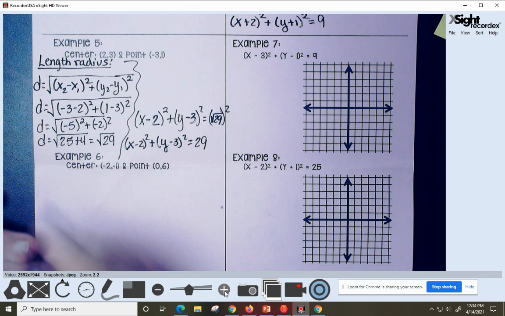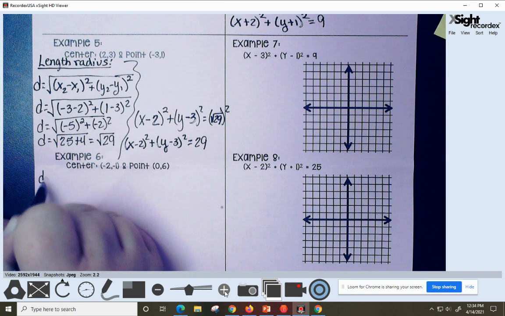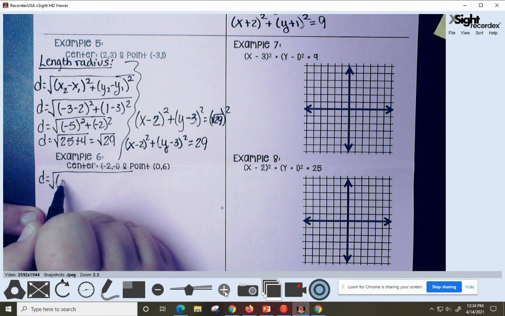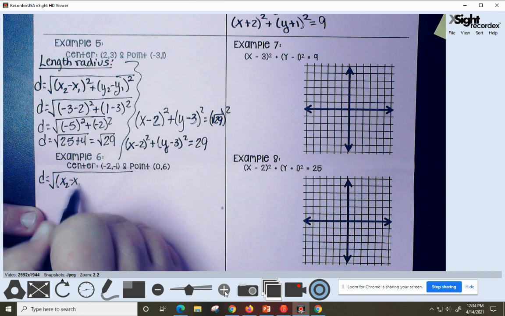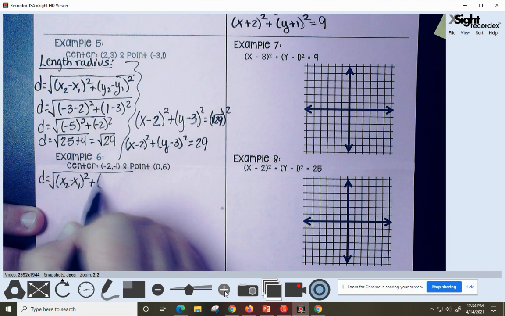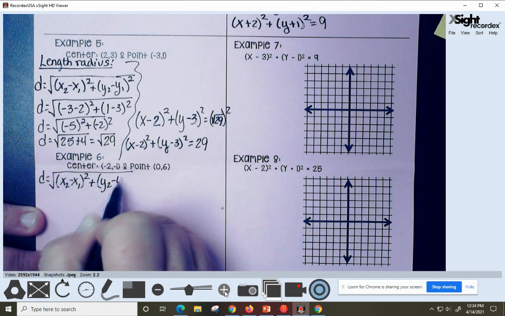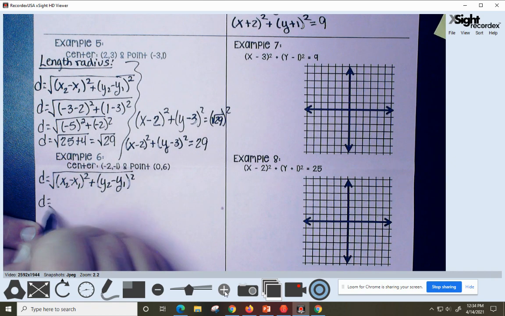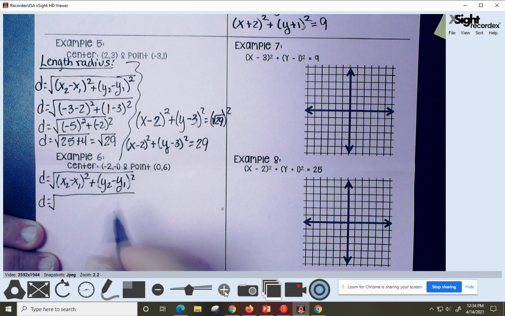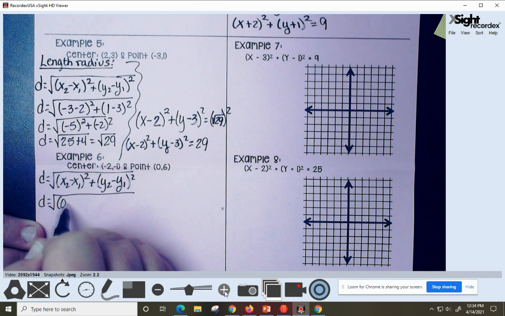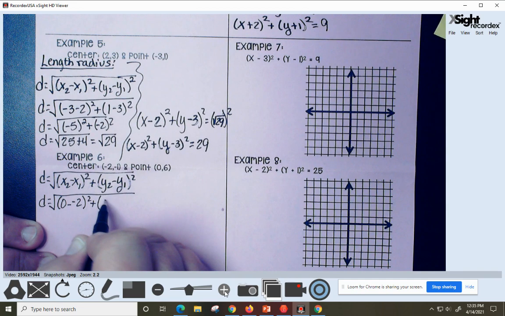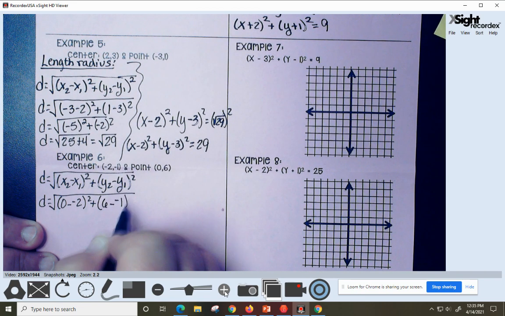Okay. And for this one, I will start off with the distance as well, where I've got my x2 minus my x1 squared plus my y2 minus my y1 squared. So my distance is going to be 0 minus a negative 2 squared plus 6 minus a negative 1 squared.